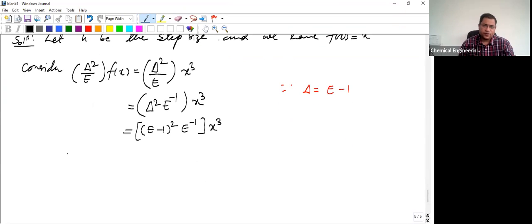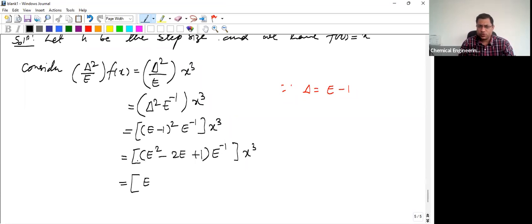Let us simplify this. We get E square minus 2E plus 1, and this is E raised to minus 1 operated on x cube. So E square into E raised to minus 1 gives E, then minus 2, and plus E raised to minus 1 operated on x cube. Is that okay?